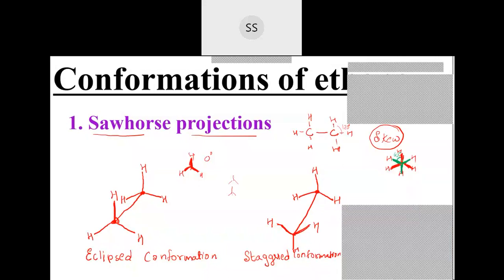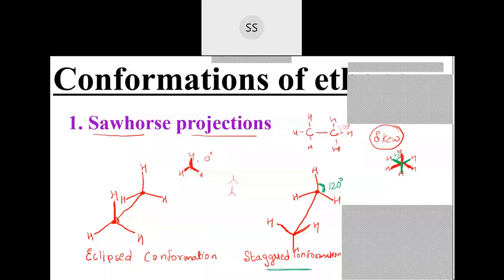We are talking about the angle between the behind hydrogen and the front hydrogen, not between this and this. I am not talking about the hydrogens attached to the same carbon. I am talking about the hydrogen which is behind and the hydrogen which is in front. If the angle between them is 60 degree when you are looking from far, that is staggered.